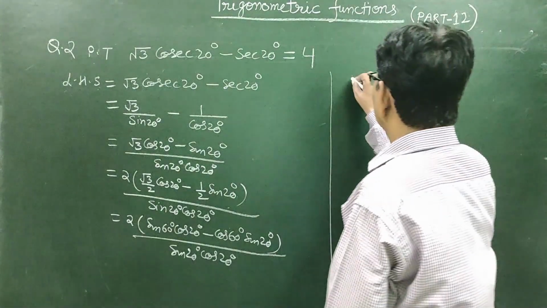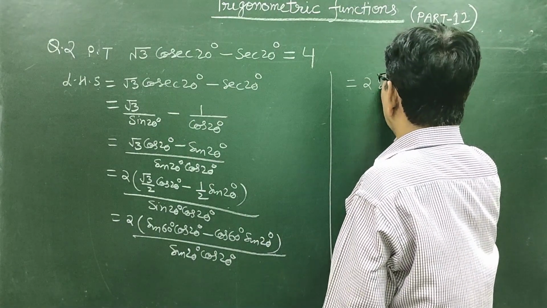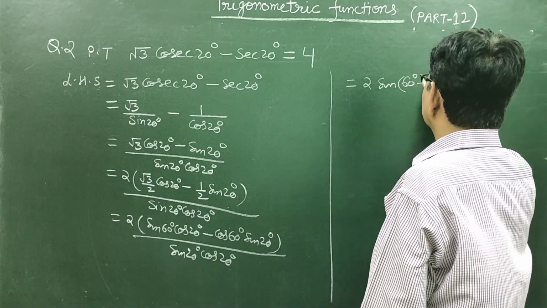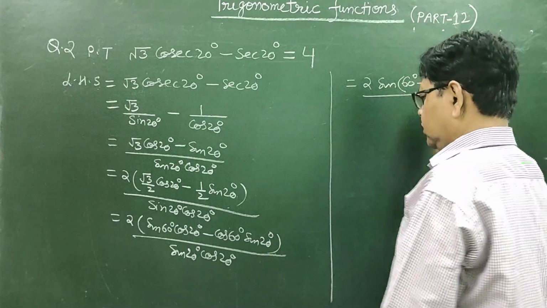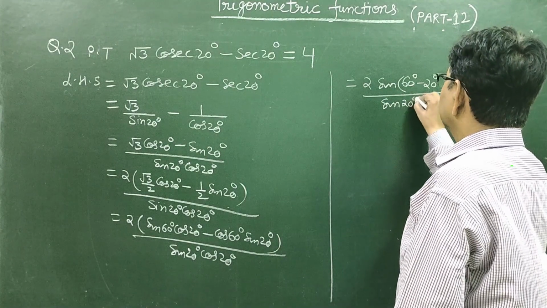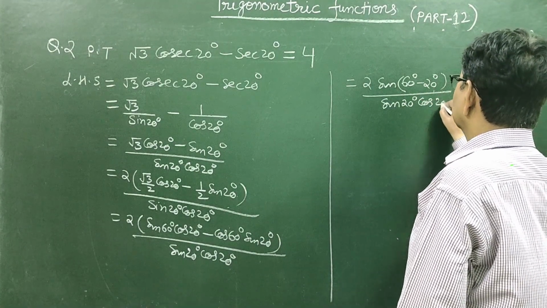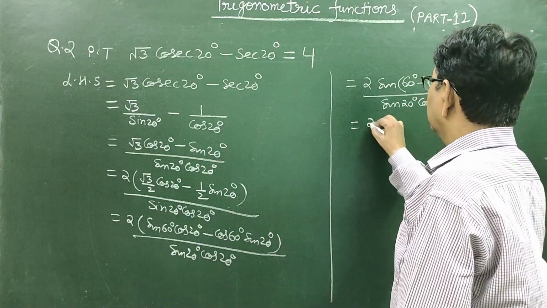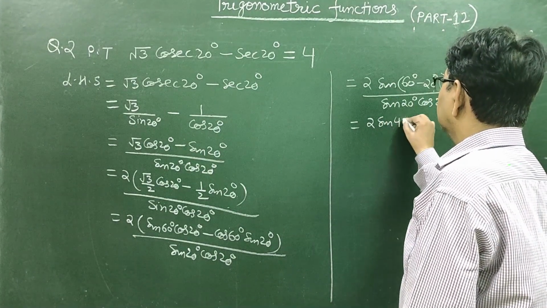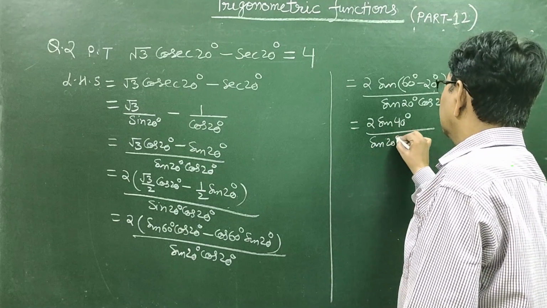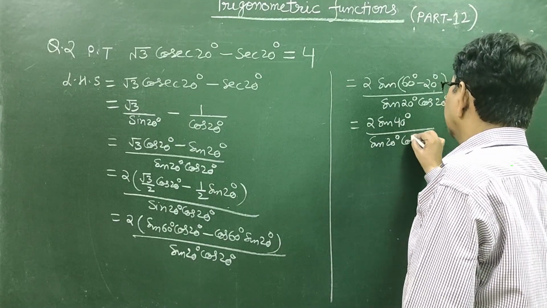So this is equal to 2 into sine of (60 degree minus 20 degree) upon sine 20 degree cos 20 degree. So this is equal to 2 sine 40 degree upon sine 20 degree into cos 20 degree.